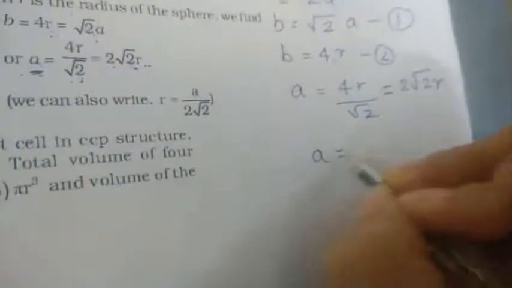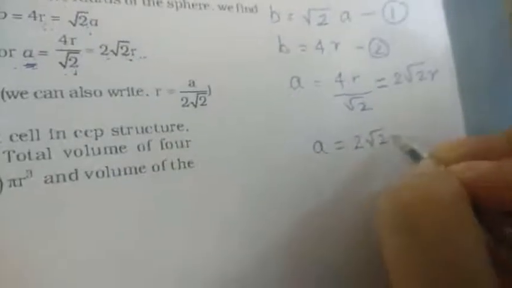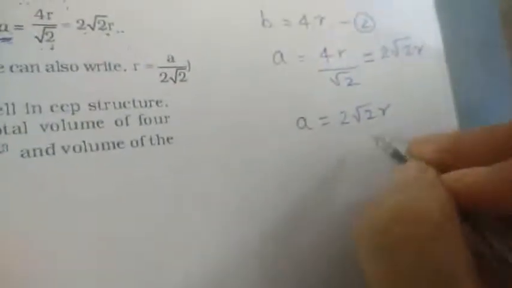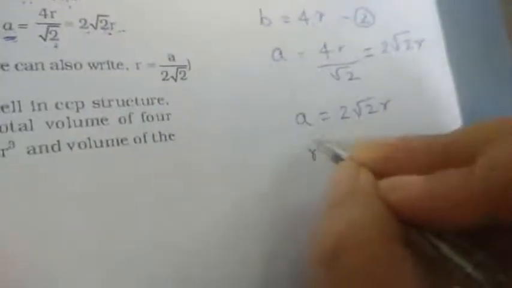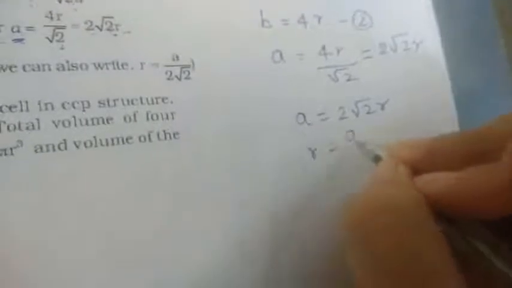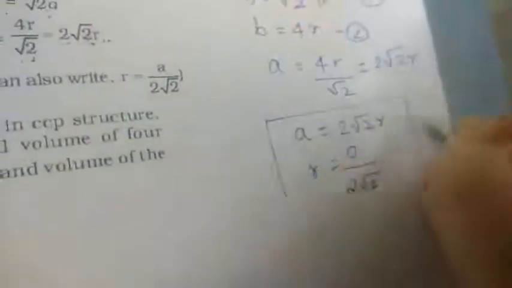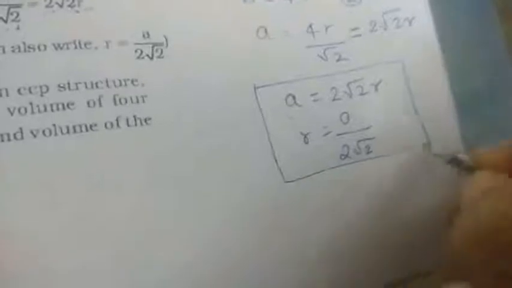And suppose we want to get the value of R, then R will be equal to, here it is in multiplication, so it will come in the denominator. So it will become A upon 2 root 2. So we have got the formula. These two formulas will be used later on. For BCC, HCP and CCP, the edge length formula is 2 root 2R and the radius is A upon 2 root 2. Right? So I hope you have understood these two things.